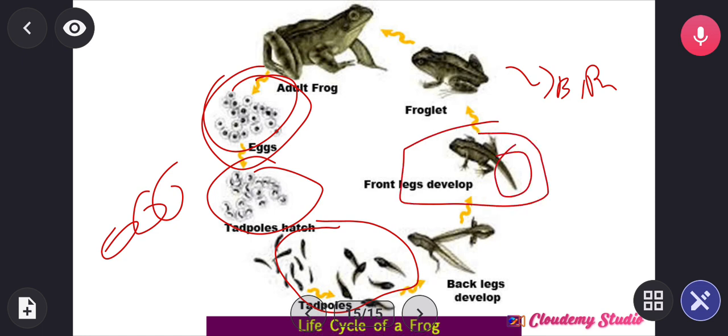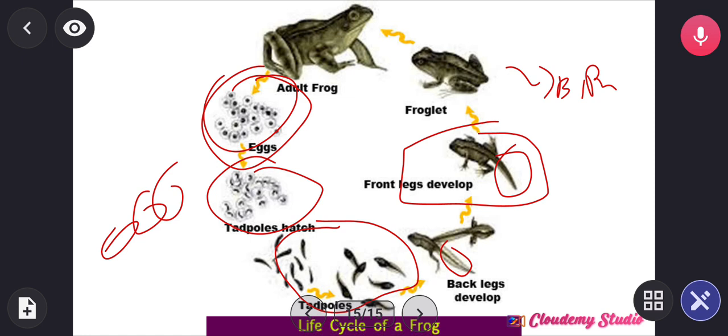The tail is used for swimming during the tadpole stage, but once they grow, they don't need it anymore, so the tail becomes vestigial. Bufo adults have no parental care. So this is how their development occurs.